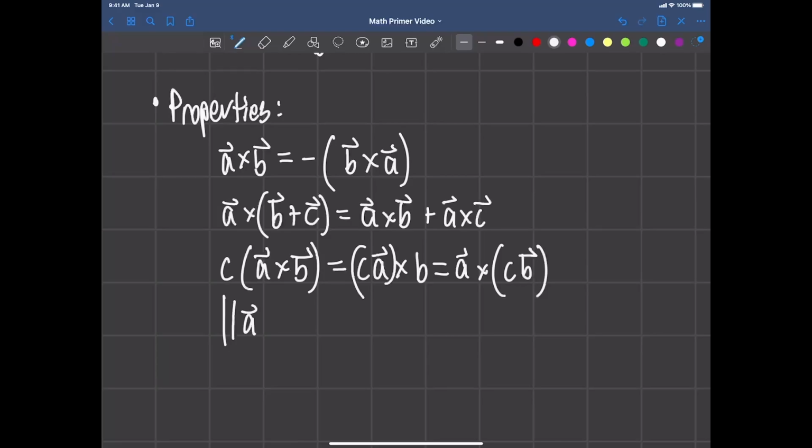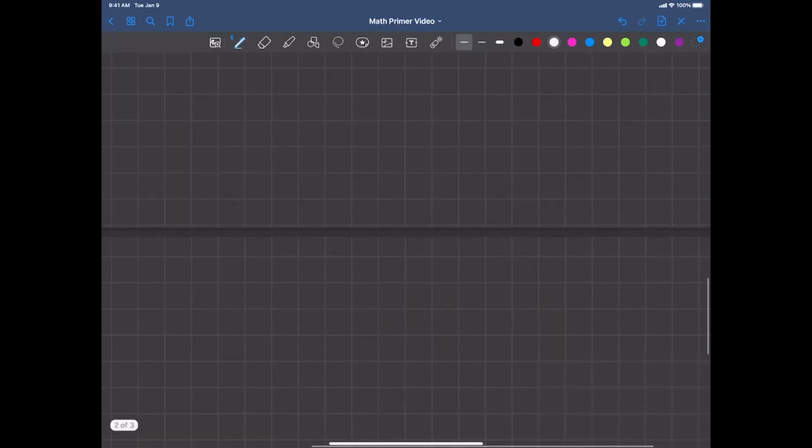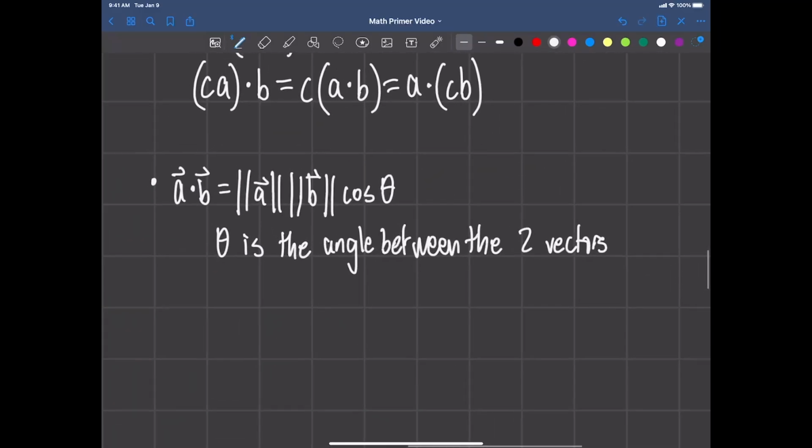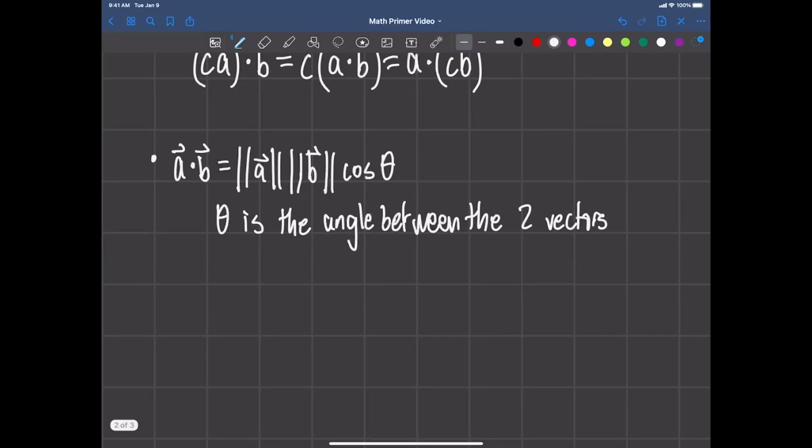The magnitude of A cross B is equal to the magnitude of A times the magnitude of B times sine theta. Contrast this with the value of the dot product, which is the magnitude of A times the magnitude of B times cosine theta.